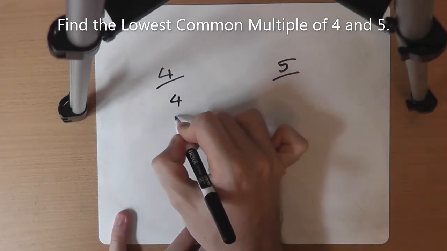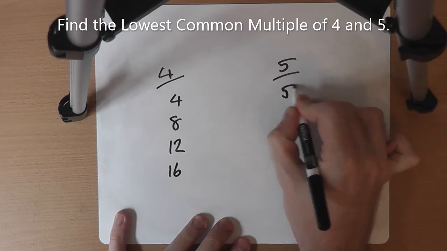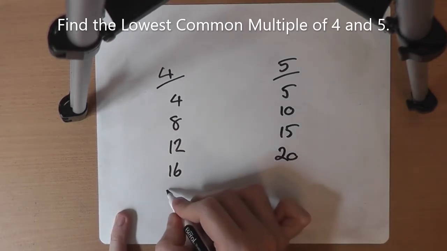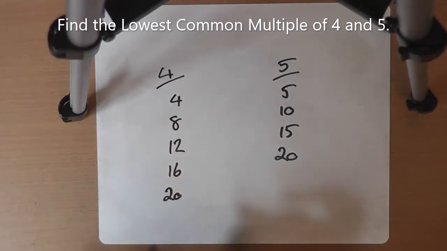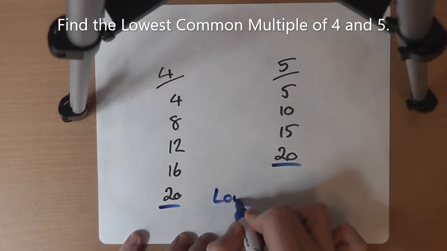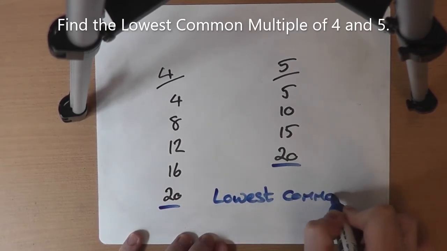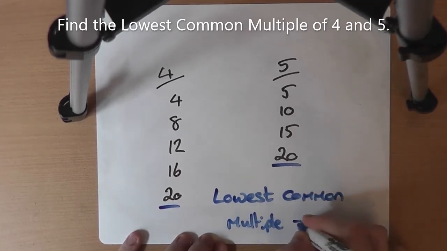So if we go 4, 8, 12, 16, and then 5, 10, 15, 20. Okay, we've not hit anything yet, but we could go 20. Oh! 20's in both, and in fact 20, the first number we hit that's in both lists, the lowest common multiple of 4 and 5 is 20.